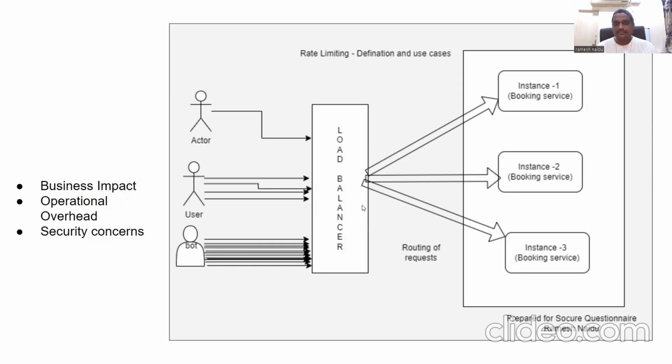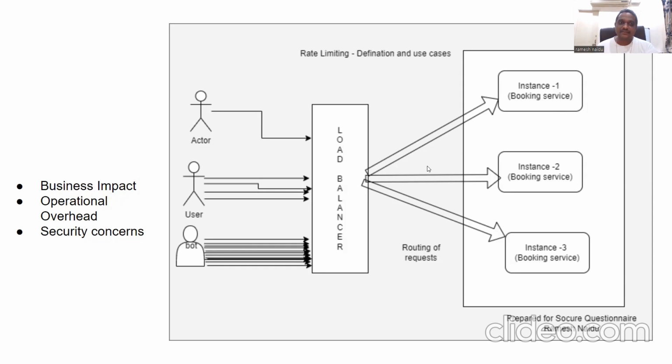Now, if there is no rate limit, and this is all explanation without rate limit, the system will block the seat for that 10 minutes. Ideally, these are not valid customers. They don't want to complete the transaction. They just block it for that duration.